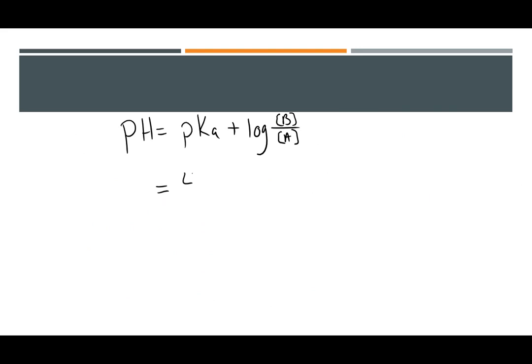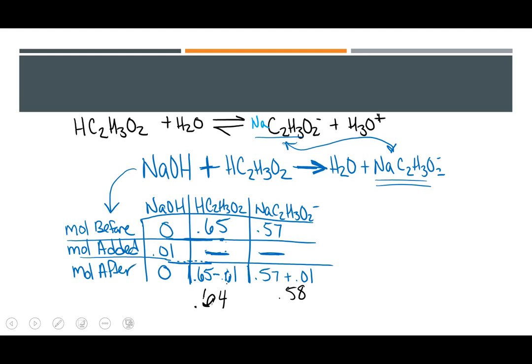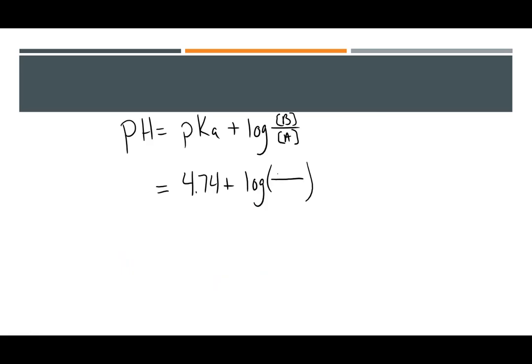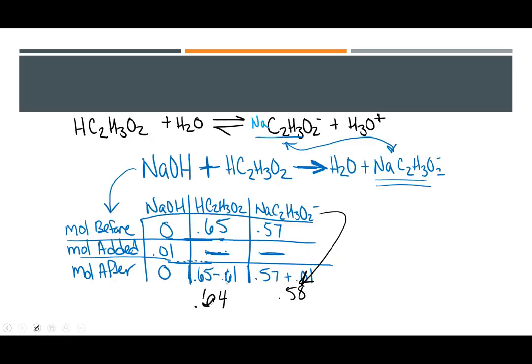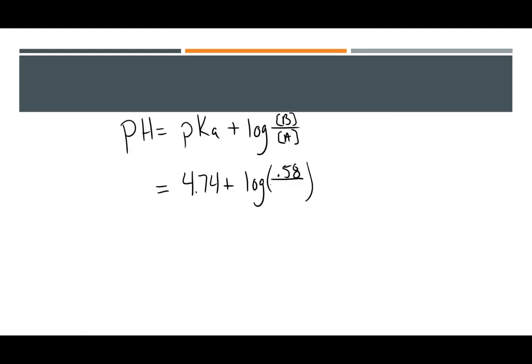So pH equals 4.74 plus log. Right, so the conjugate base after addition is the 0.76. The weak acid after the addition is 0.64.